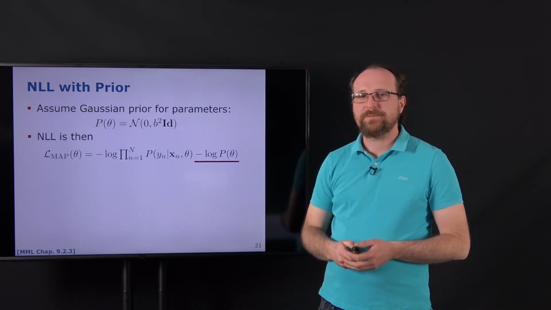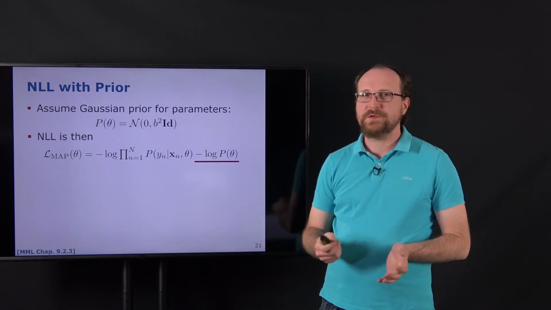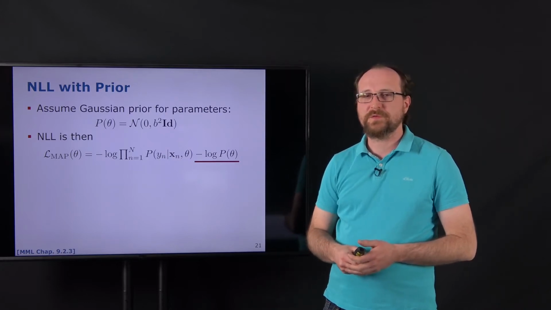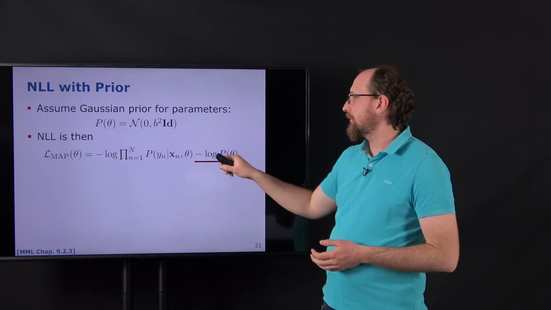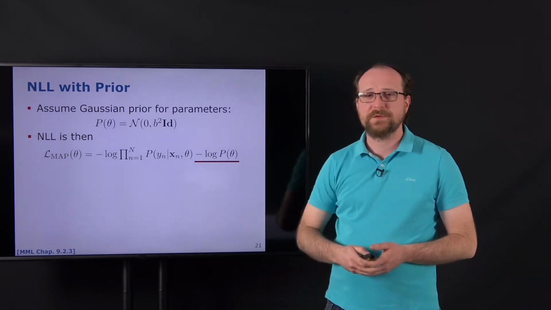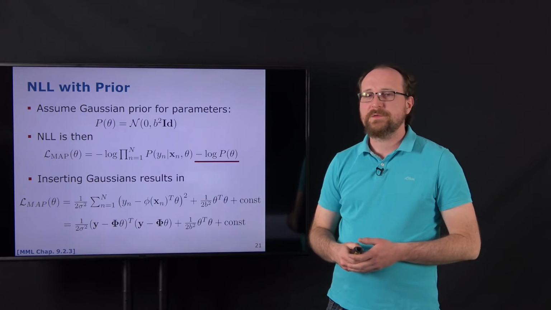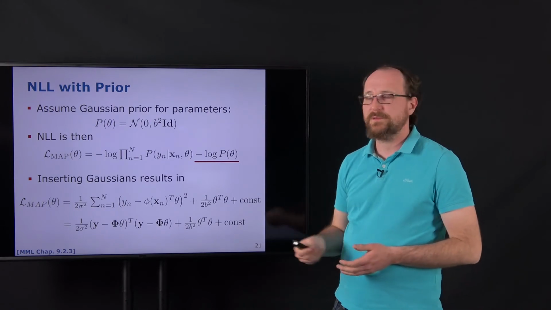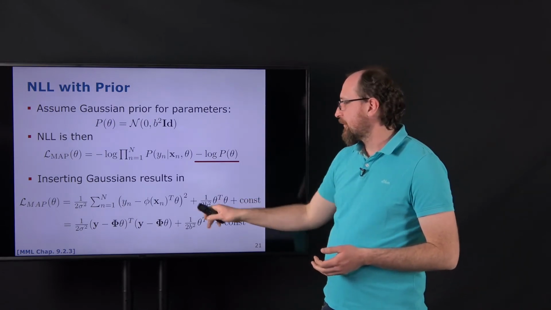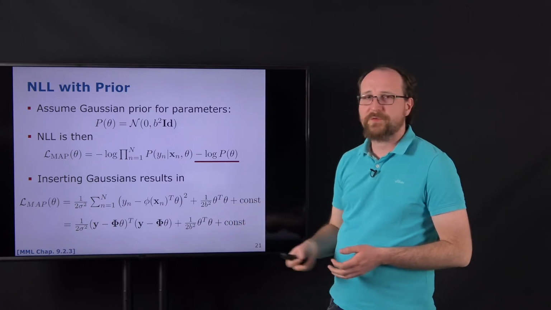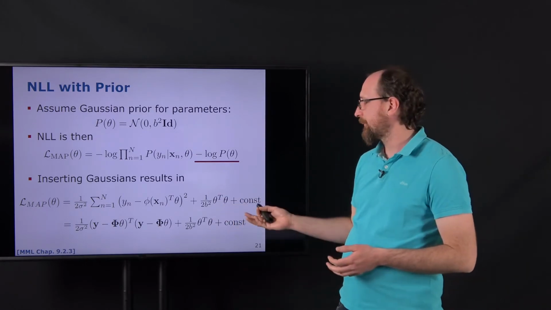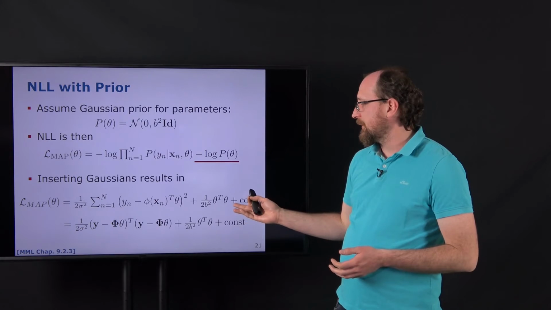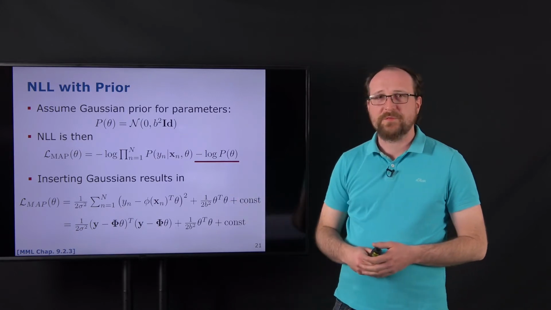With this, we can plug this into our derivation from before. So we just have this additional term with the negative log likelihood here. And inserting the Gaussians then again leads to this, so that we additionally get this term here, which is just the length of the vector theta.